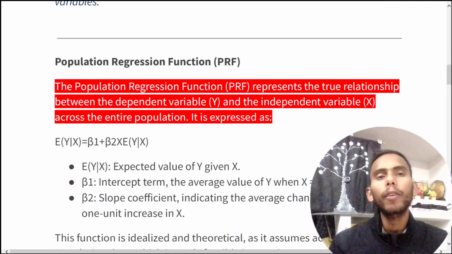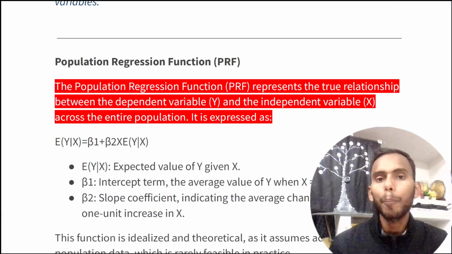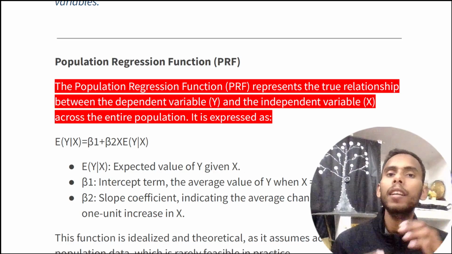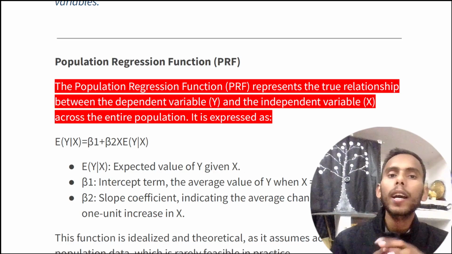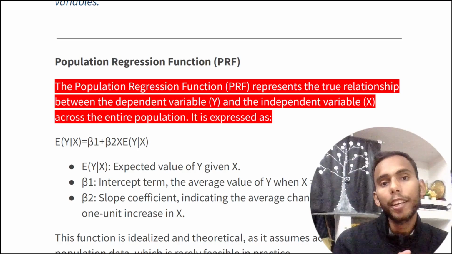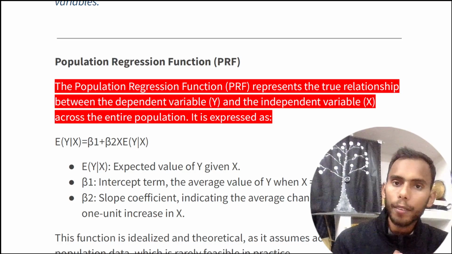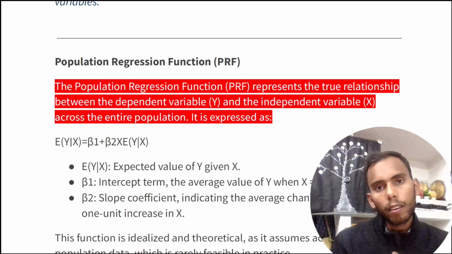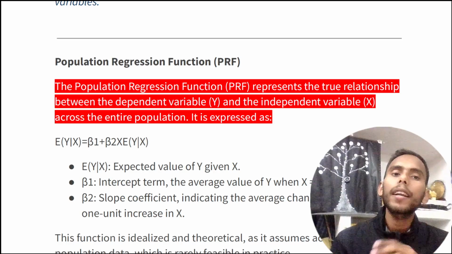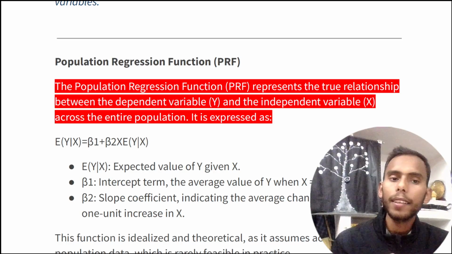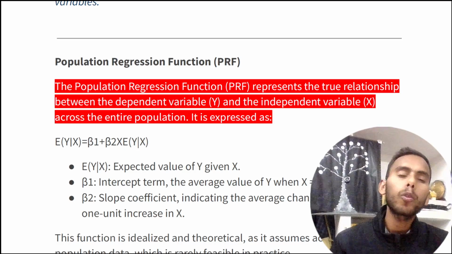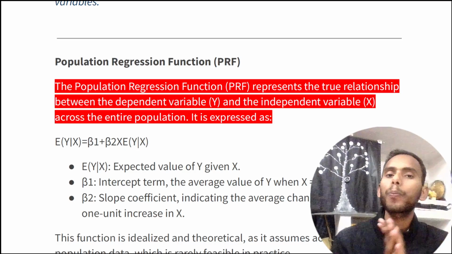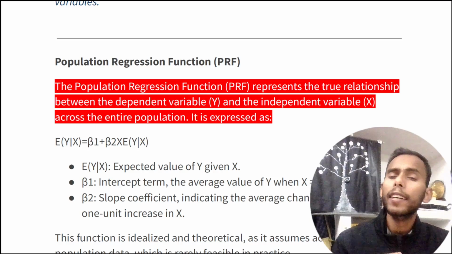Whenever we have data of the entire population, and based on the entire population we calculate the relationship between two variables or estimate our economic model, then we say it's a population regression function, right? For example, if we are saying y equals beta 1 plus beta 2 x, then it's a population regression function.